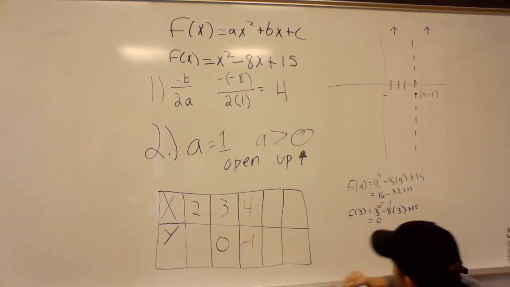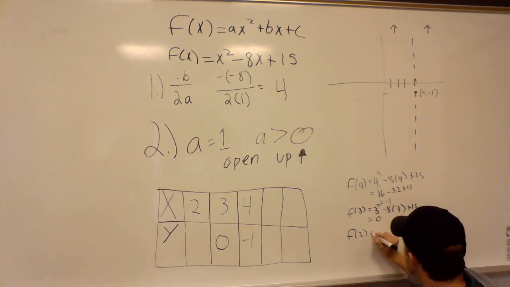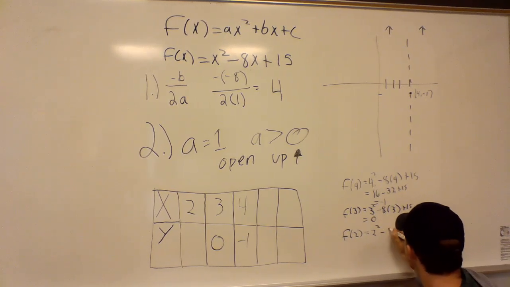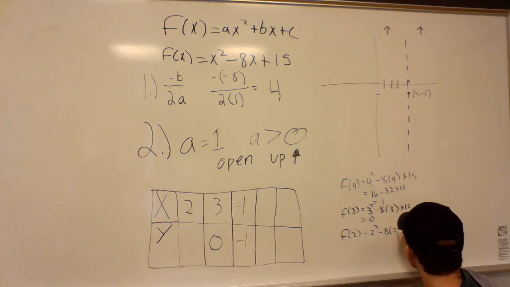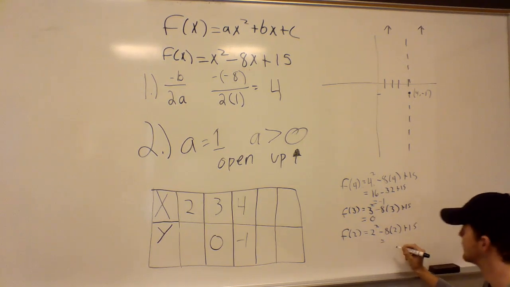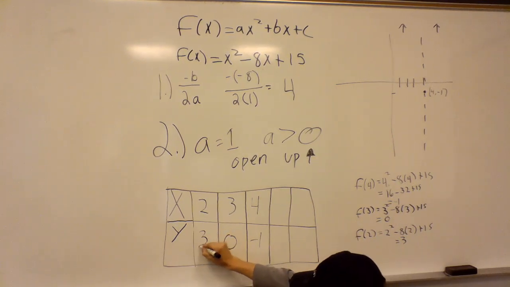Now let's do the same for 2. f of 2 equals 2 squared minus 8 times 2 plus 15, which comes out to 3. And let's put those there.